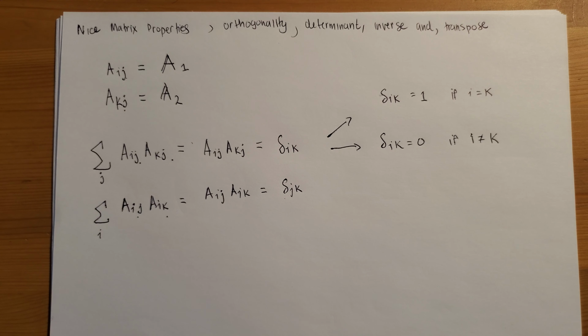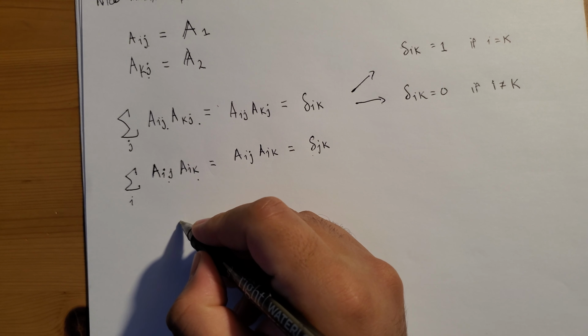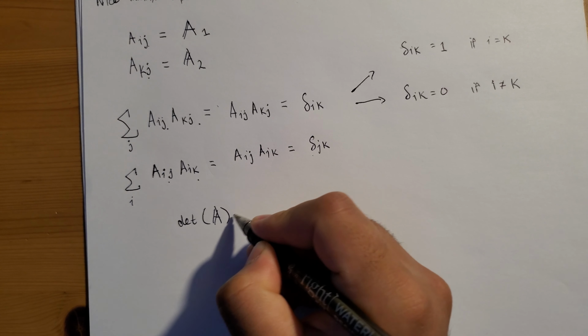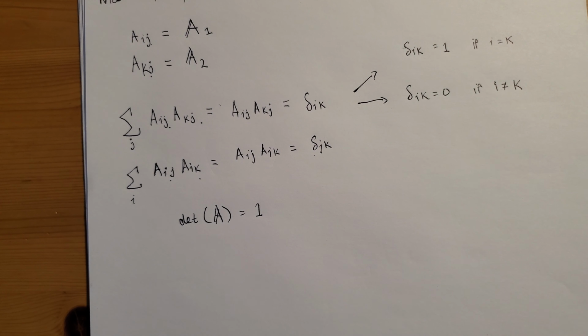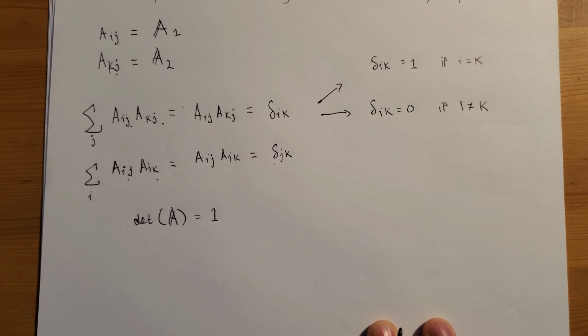Now let's try to show another property. Another cool property of a matrix is if the determinant of a matrix A is equal to 1. There's no real reason yet why this is a nice property. I haven't explained anything about that, but it is just a nice property to have.